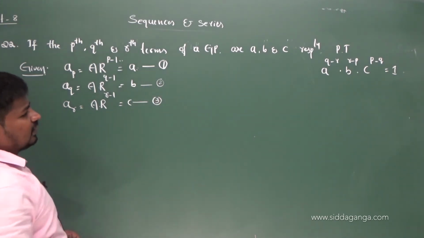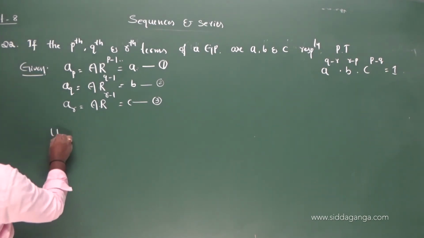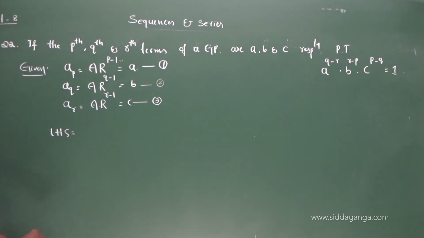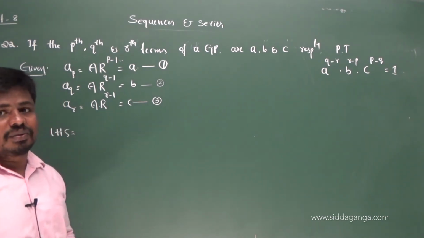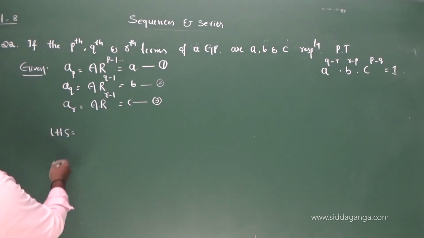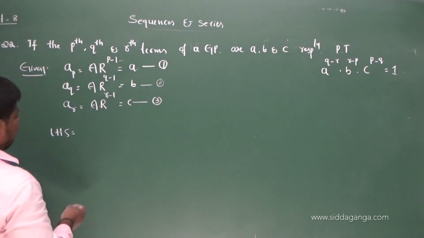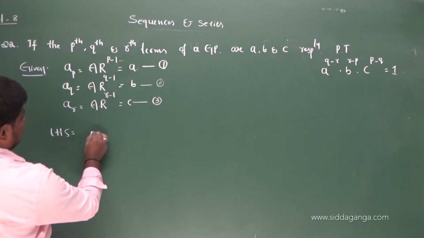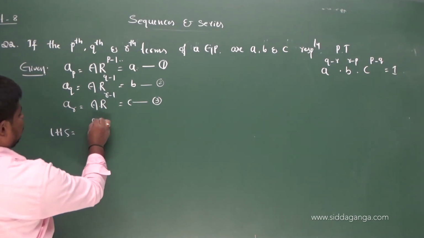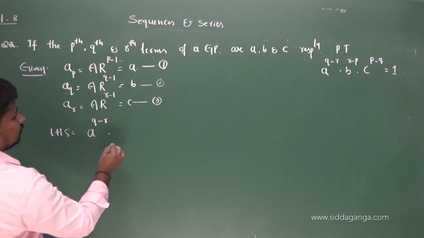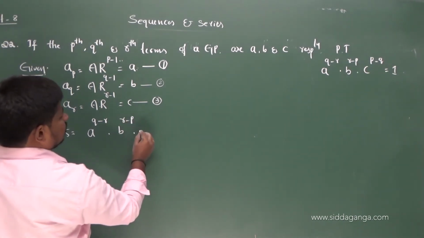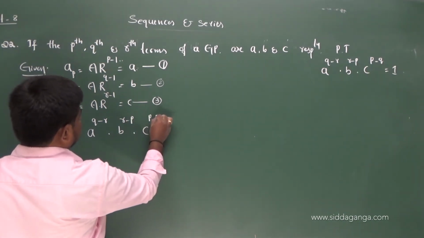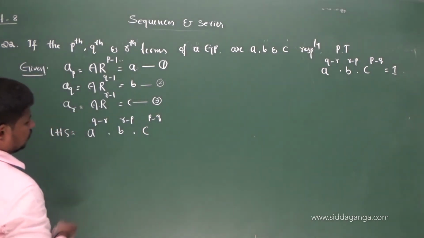Now let me take the LHS. Sometimes we have to take LHS and prove LHS is equal to RHS, that is equal to 1. In this case, let us take LHS and prove that it is equal to 1. LHS is A power of Q minus R into B power of R minus P into C power of P minus Q, that should be equal to 1. Let me prove this.